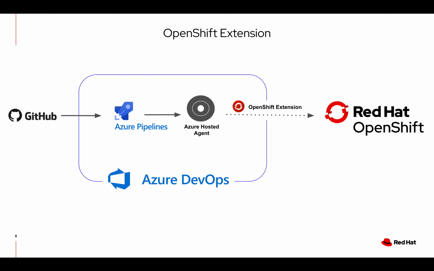The high-level overview of how you would set this up is we have a project in GitHub, we have a pipeline definition within Azure Pipelines that will run within an Azure hosted agent, which is typically an Ubuntu VM, and the OpenShift extension will seem as a task there and will talk to the OpenShift cluster. And ultimately, you can use those OC commands and execute source to image builds.